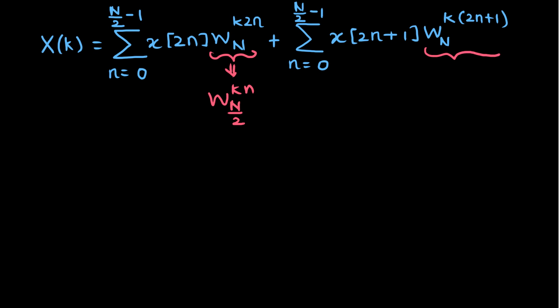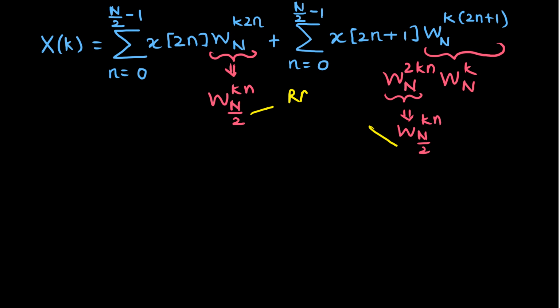Similarly, if we consider this twiddle factor here, we can write it as wn to the power 2kn multiplied by wn to the power k, and again this can be written as wn by 2 to the power kn, and we know that we can do this because of the radix property for twiddle factor.